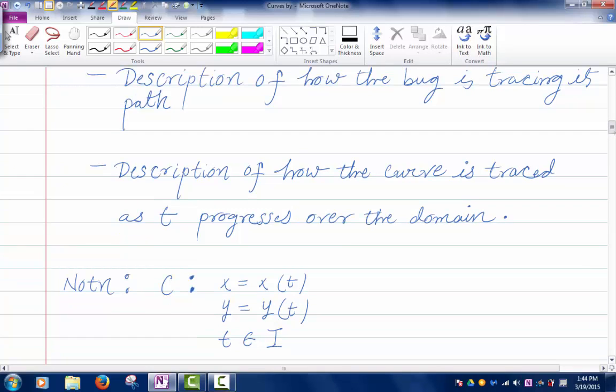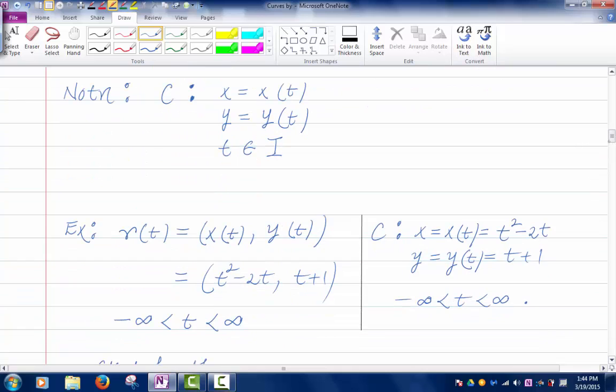Okay. We are going to use a different notation for a curve. Instead of using r of t is equal to x of t comma y of t, we sometimes write c, so we are naming the curve c, and then we are saying the curve c is determined by x and y, where x is x of t, y is y of t, and t is progressing over some interval I. So we specify the interval of values of t, and then x of t and y of t will be some formulas in terms of t.